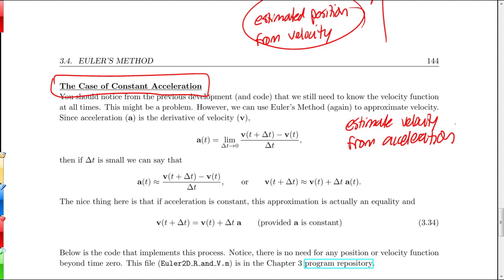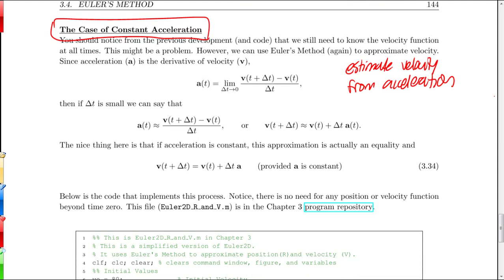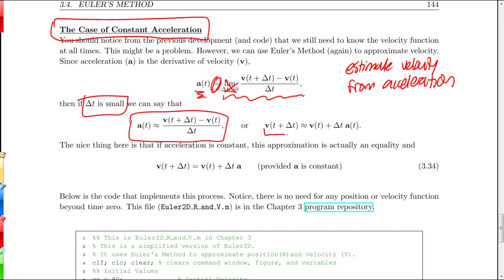And the wonderful thing about that is, it goes like this: acceleration is the derivative of the velocity. And so if I let delta t just be small, then this becomes an approximation sign, and this goes away, and we're left with this. And then we can get our velocity at our next time in terms of our velocity from the current time plus delta t times the acceleration at my current time.